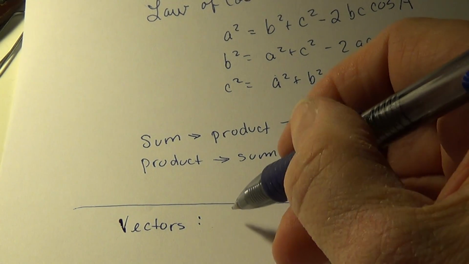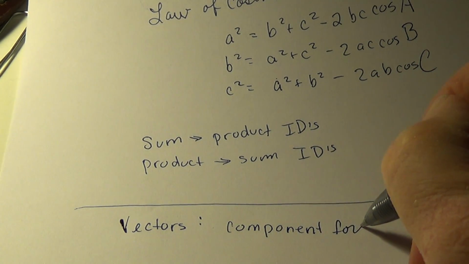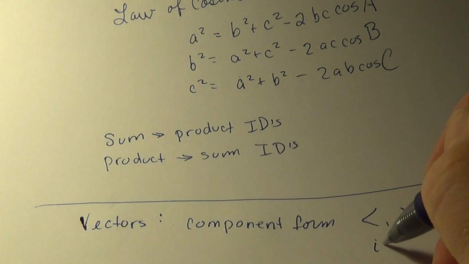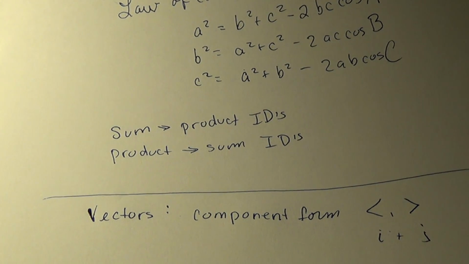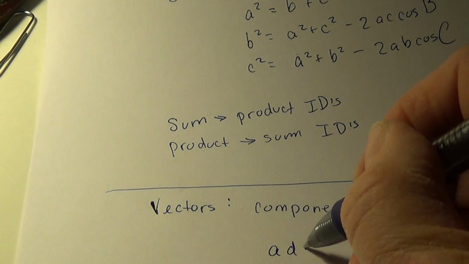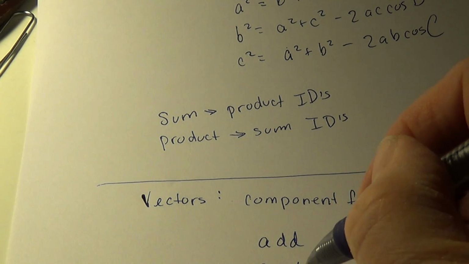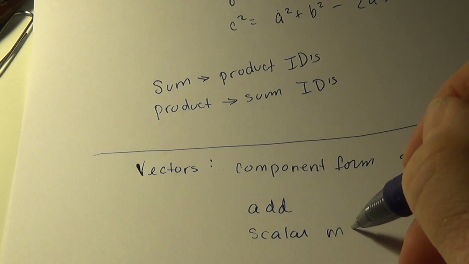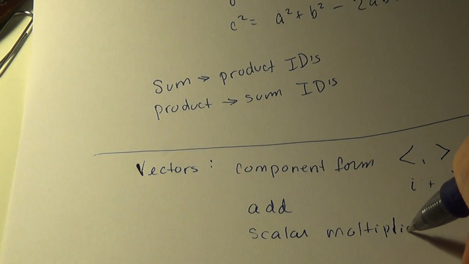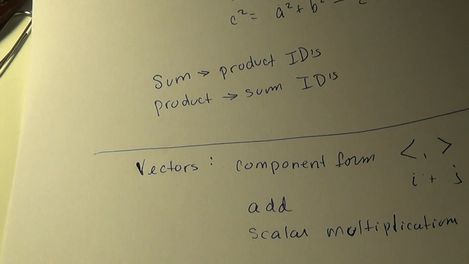And we learned to put vectors in component form. And we did that with the pointy brackets, or i's and j's. Then we had a choice. We learned how to add vectors in component form. We did scalar multiplication.